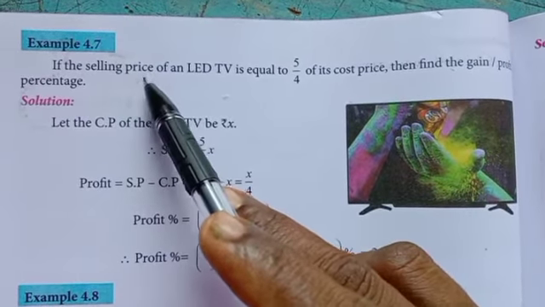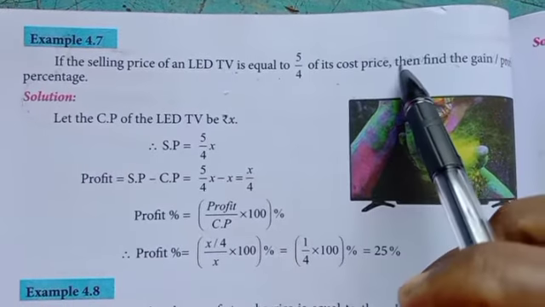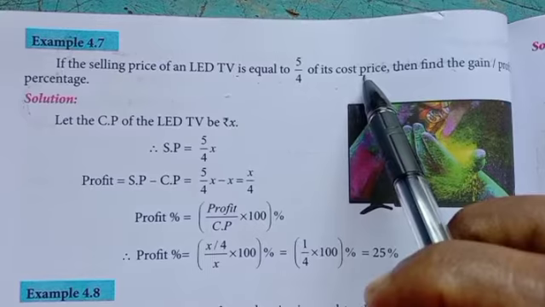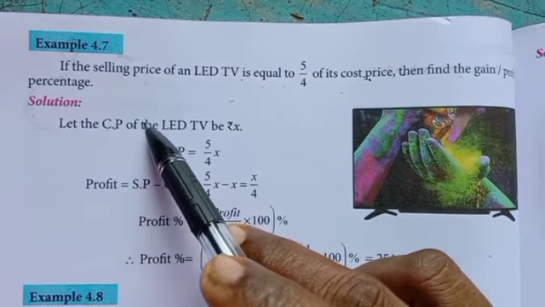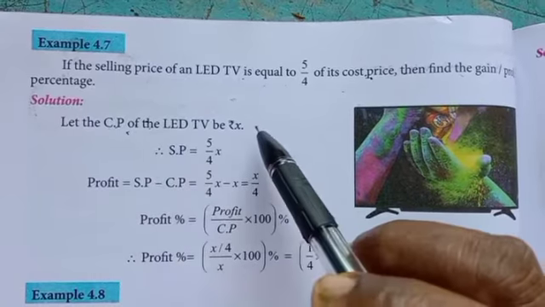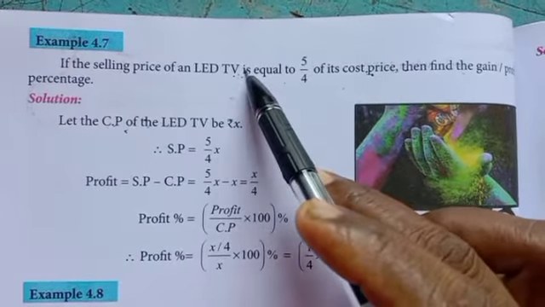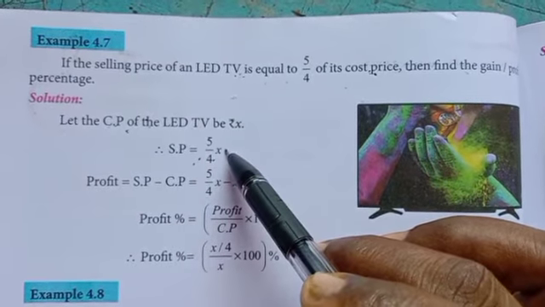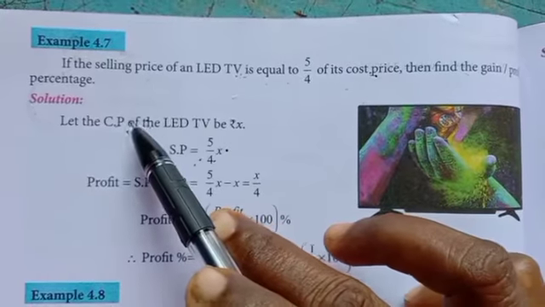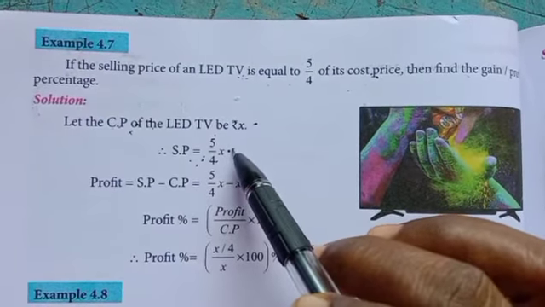So you have to consider the cost price of the LED TV to be rupees X. SP is equal to 5 by 4 of its cost price. Suppose cost price is X, selling price is equal to 5 by 4 into X.